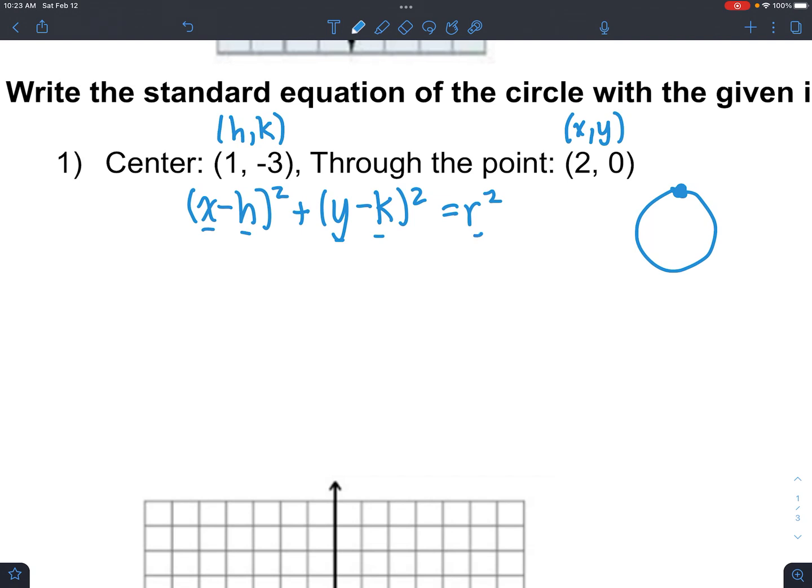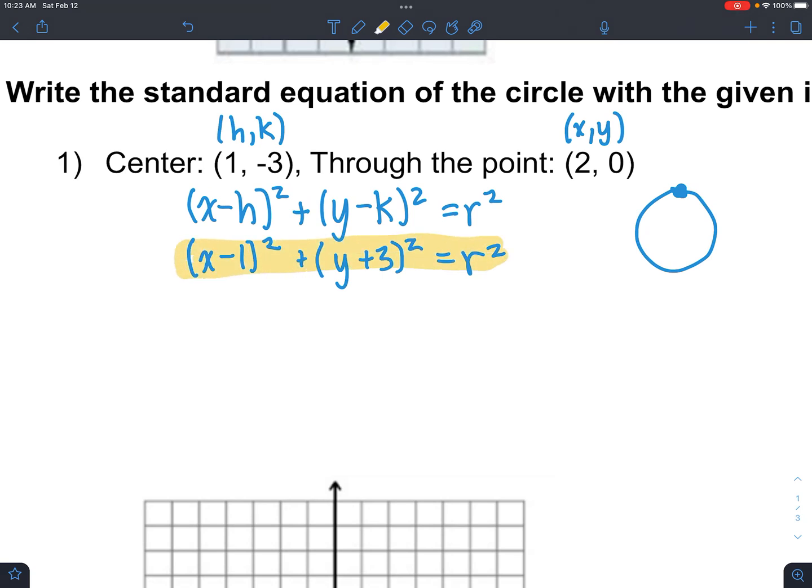So if you count the number of variables, we've got 1, 2, 3, 4, 5. We know 4 of them, so we can find out what the radius is. And once we have the radius, things are a lot easier for us. Okay? So I'm just going to carefully plug in. Actually, first I'm going to plug in just the center, and you'll see why in a second.